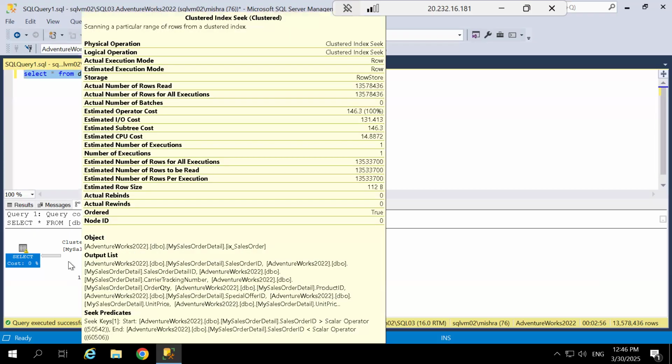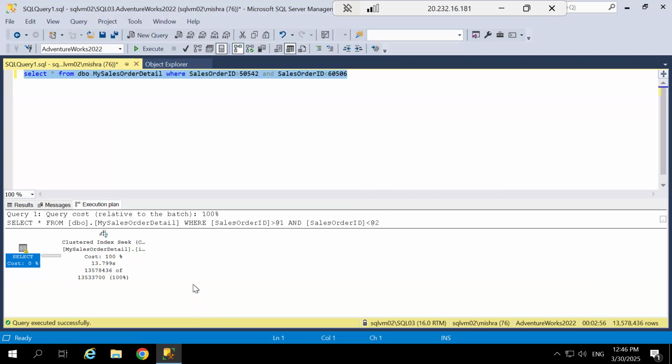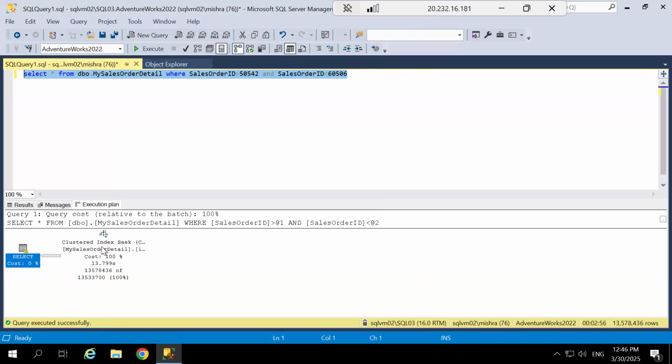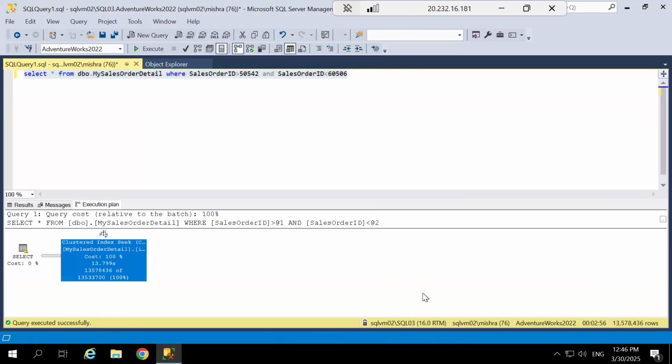The operators that appear in your plan are executed. Every operator represents a task. Here, clustered index seek. What does that mean? Seek means finding. It's a read operation to search some values that you have specified here.